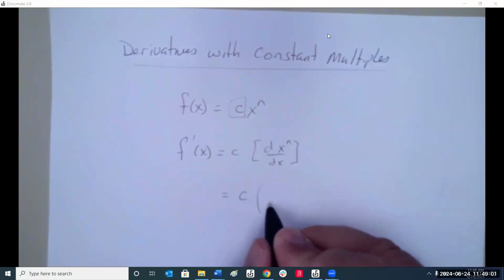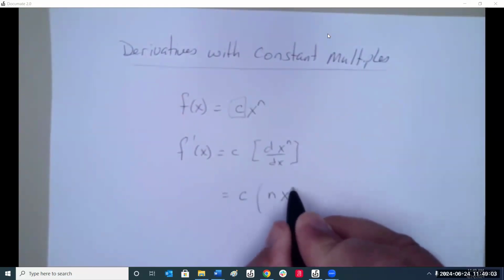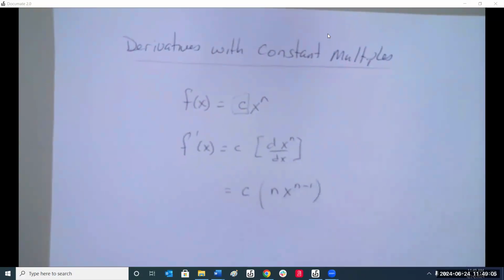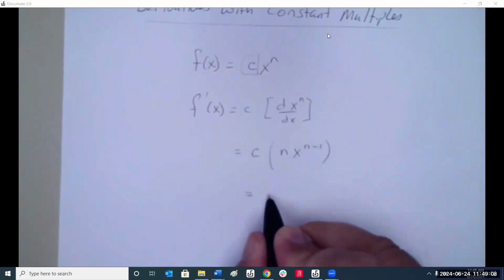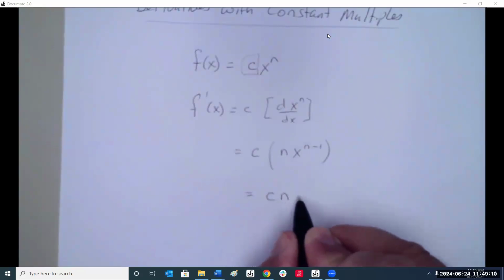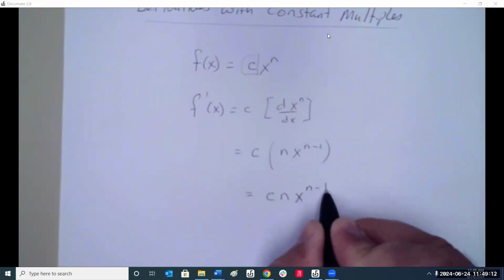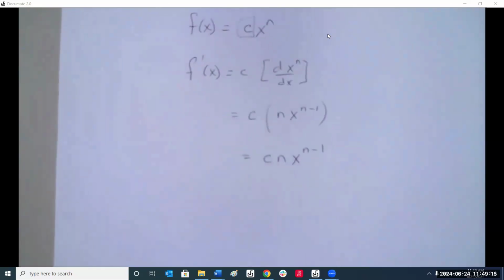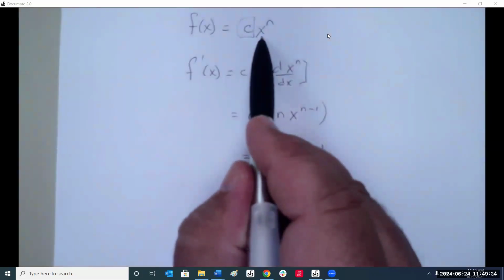So it's c times n x to the n minus 1. That's just if we have a base value of x.